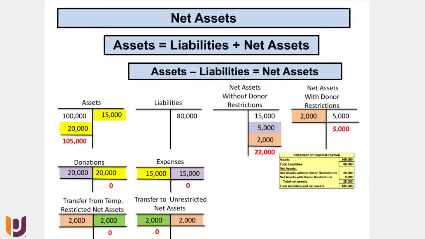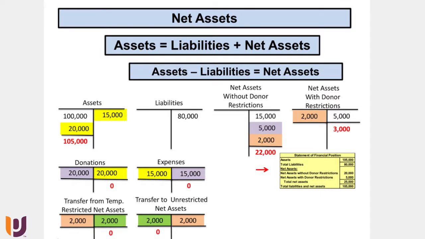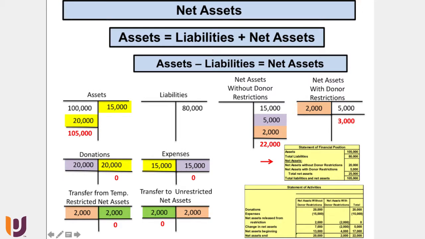The nonprofit balance sheet is called the Statement of Financial Position. Note that we are required to show the net assets in the two classifications: net assets without donor restrictions and net assets with donor restrictions. The nonprofit income statement is called the Statement of Activities.